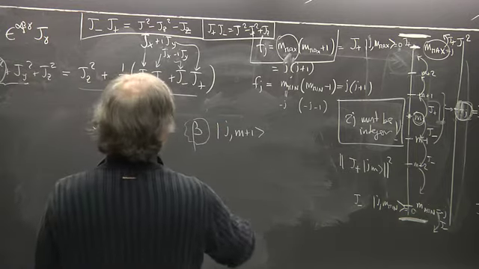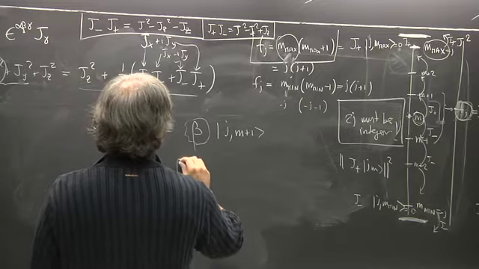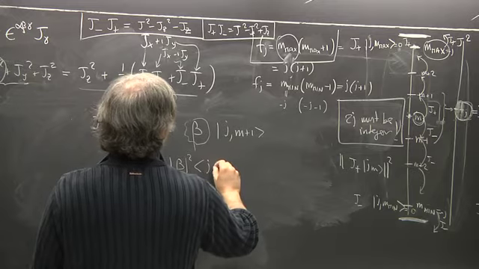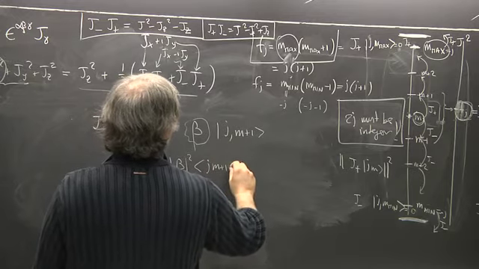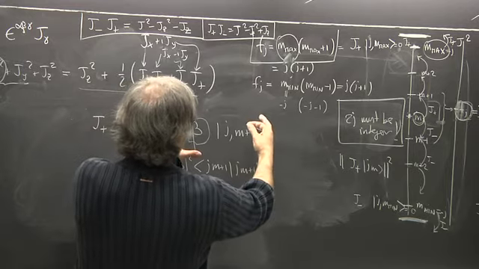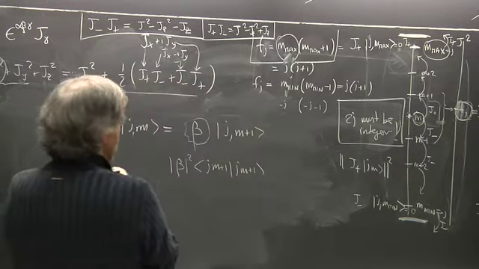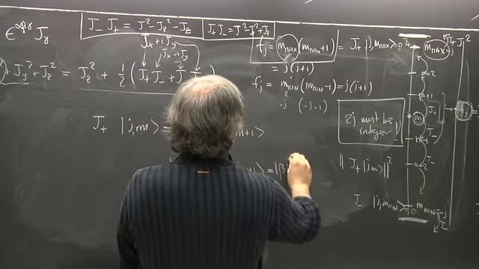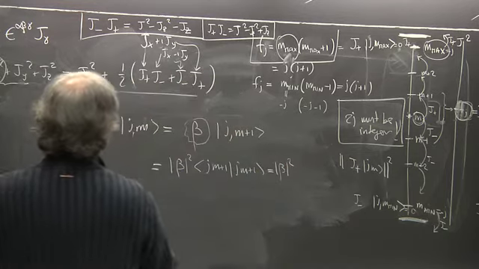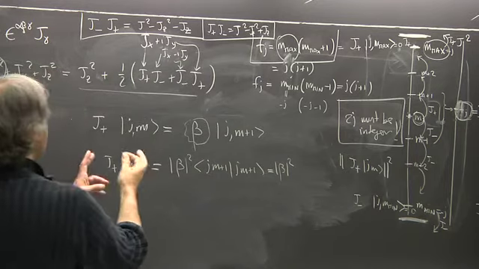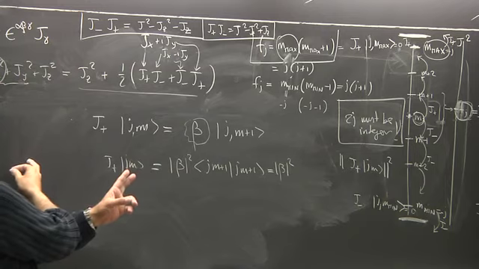So what you can do immediately is that beta modulo square, j m plus 1, j m plus 1. I take the scalar product of this object with itself. This is 1, okay? So this is just beta modulo square. On the other hand, this must be equal to J plus j m, scalar product with itself.